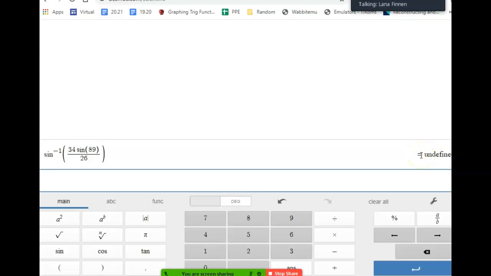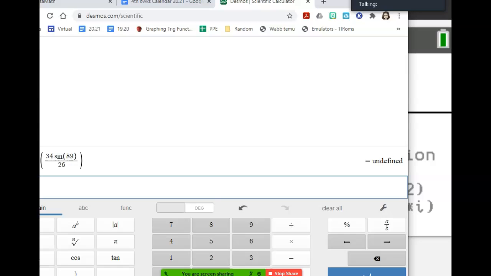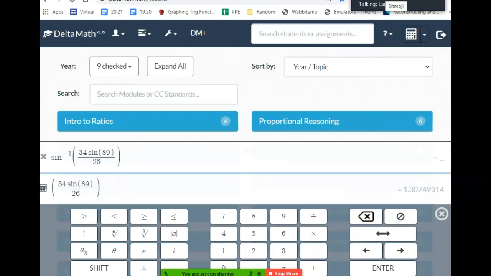If you're using the Delta Math calculator, then you get the little 3 dots, okay? Which that one really makes me question things. But, I mean, at least tell me something, don't just give me 3 dots.